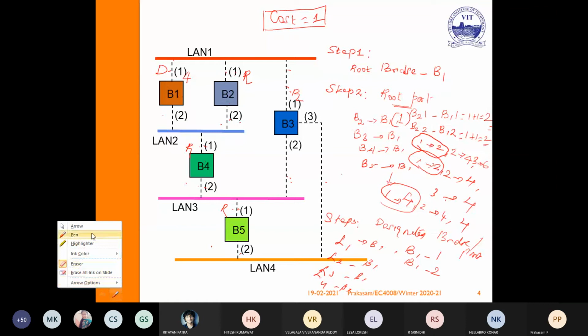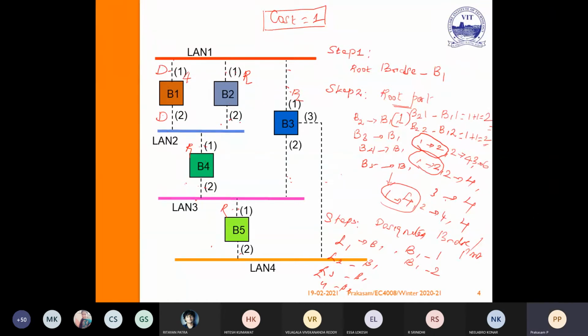So this is also D. Now with respect to LAN 3, either I can go in this direction or in this direction. From LAN 3 in this direction 1, 1, 1, cost is 3.